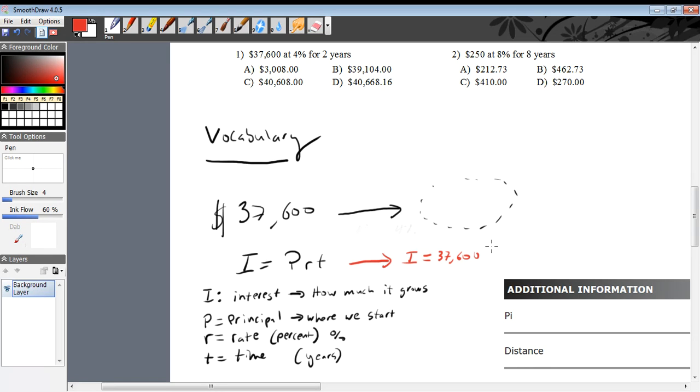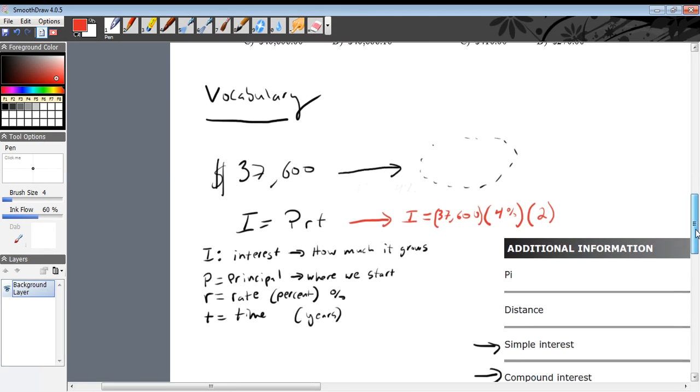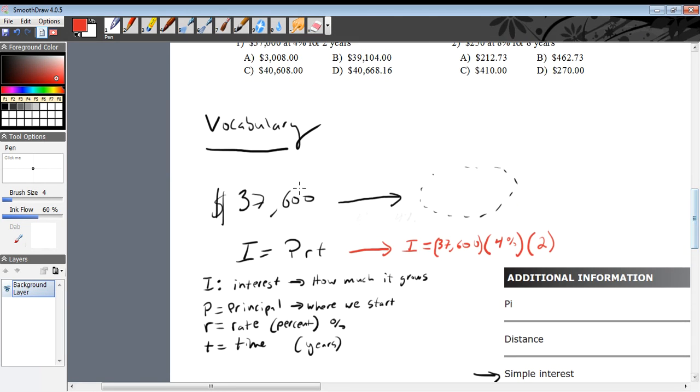And then we know the rate, which is 4%. We're going to have to eventually turn this into a decimal. I'm just going to put everything in parentheses. And then the time, which is 2 years.